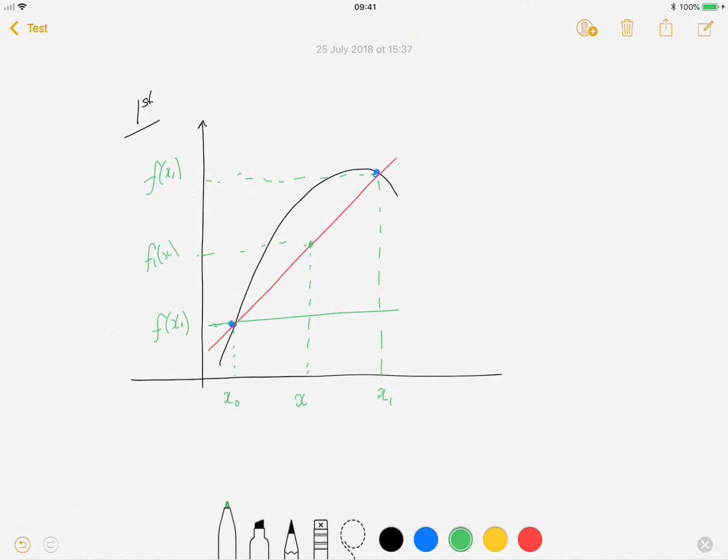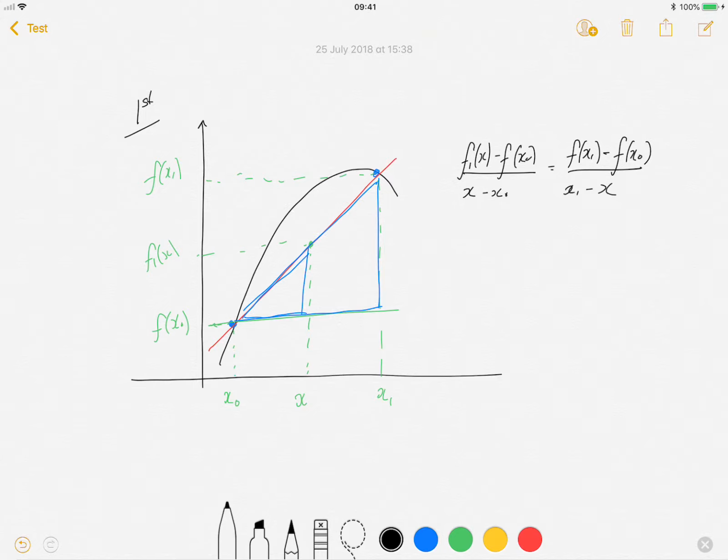So we can say this similar triangle and this similar triangle can be exploited so that (f1(x) minus f(x0)) divided by (x minus x0) is equal to (f(x1) minus f(x0)) divided by (x1 minus x0).